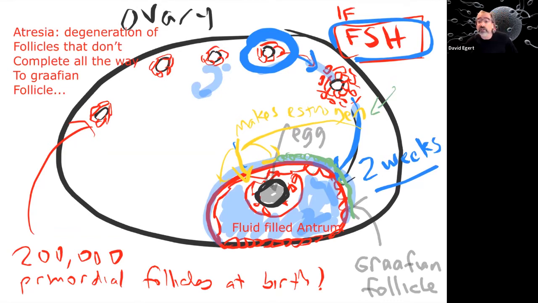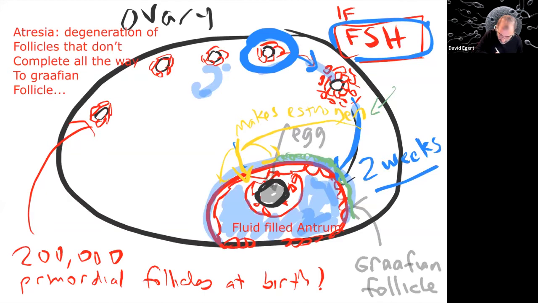What is the signal that triggers ovulation, triggers the egg getting ejected out? We talked about it on Tuesday. The luteinizing hormone? Exactly. There's a spike in luteinizing hormone, and that causes basically this thing will, let me see if I can do this.